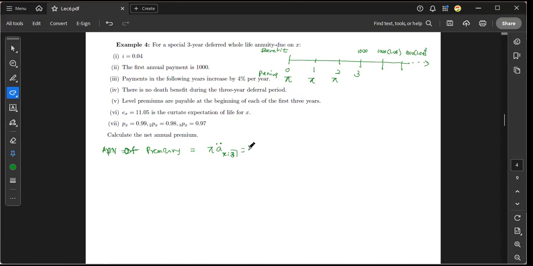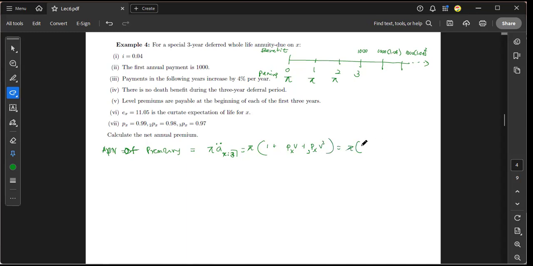But to get this, since there are only 3 terms and the probabilities are given, we can find it like this. 1 plus, if they survive the first year, then the second payment comes. And if they survive the next year, then the third payment comes.